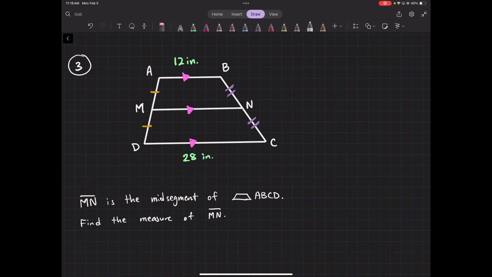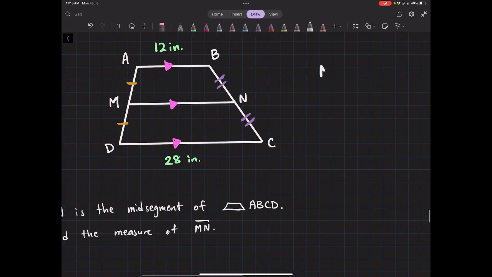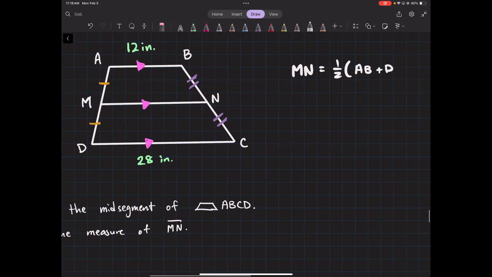For the work, we go MN is equal to 1/2 (AB plus DC). Whenever I tell you to do this, I give you a point for it, so you should do it, because I take off points if I don't see it.